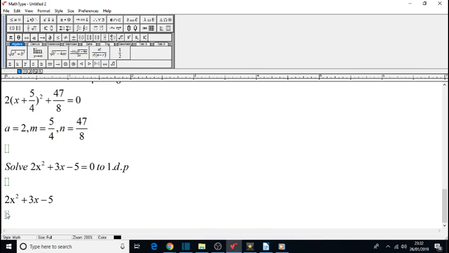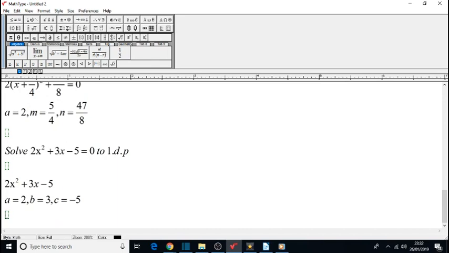So let's first identify our a values, b values, and c values. So a is equal to 2, b is equal to 3, c is equal to minus 5. And now we want it to match this 2x squared.